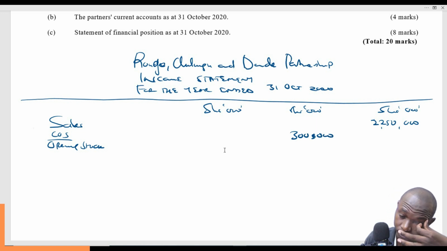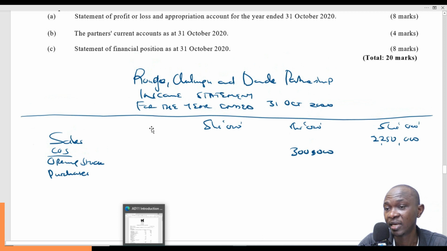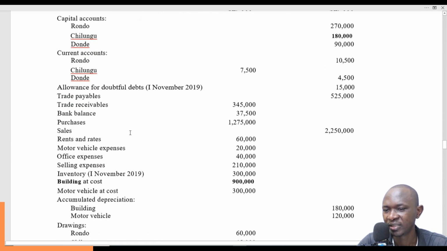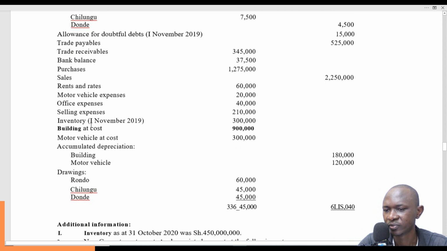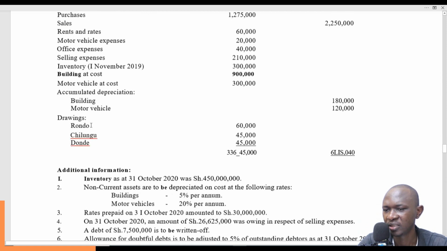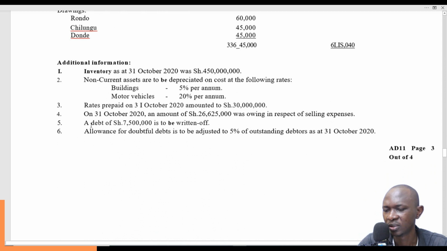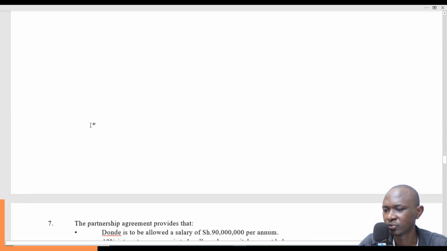Because this is the cost of sales we are working, it will be in the inner column. And then we add the purchases, and we have to confirm if the purchases have any workings associated with them. So purchases 1275, anything that can have an effect on purchases, nothing.